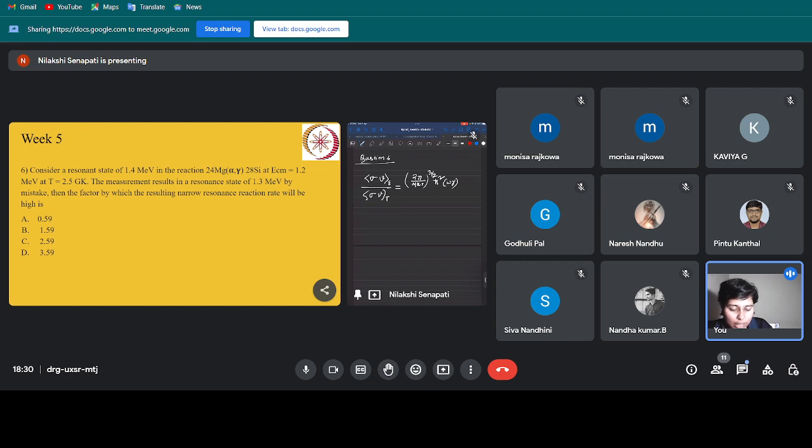If anybody has forgotten this formula, then please go through it again in the lectures. And this is again mu kT by 3 by 2, the same thing obviously.